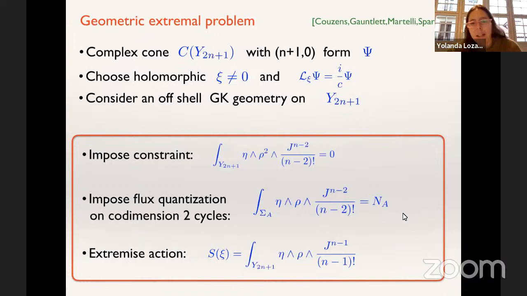Sorry, Jerome, may I ask at this point, because there seems to be then a relation between the action that you are extremizing and the fluxes that you integrate in order to get the quantized charges. Is there such a relation in general? So this is an integral over codimension 2 cycles, and this is an integral over the whole manifold. Yeah, but I don't mean the integral, but the flux.